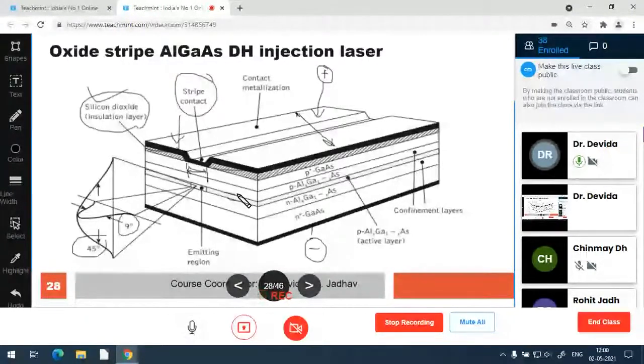That's why in both directions the active region emits a very pencil-like beam. It is very directional, and a very small angle of divergence is observed. The beam gets diverged at a very small angle. In horizontal divergence it is 9 degrees, and in the vertical direction 55 degrees is observed.